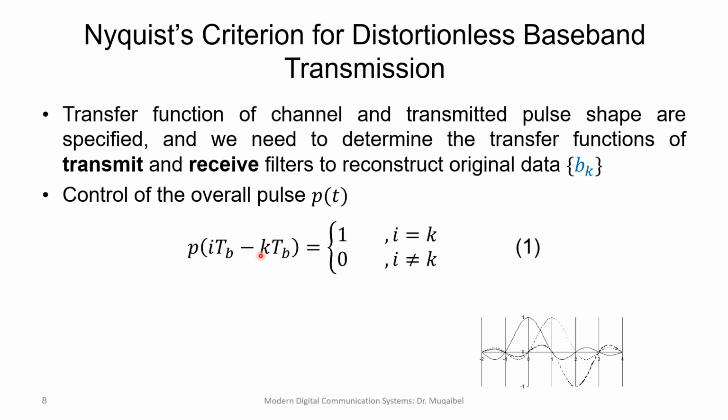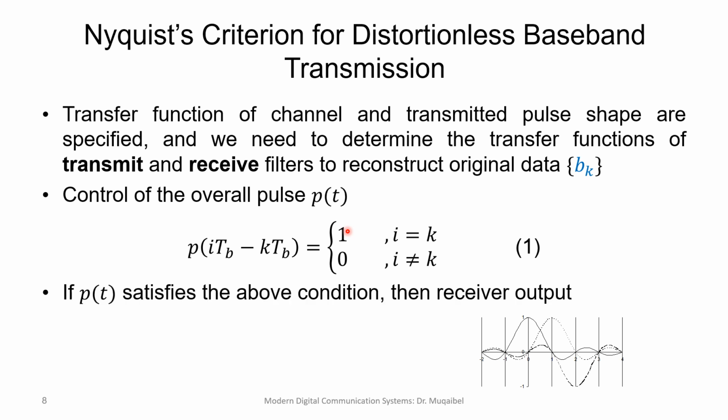It would be great if we make the overlap equal to 0 between all other pulses, and of course 1 if we deal with the pulse itself. This is the condition in time, and if it's satisfied, then the received output would be as required. I'm trying to put a figure here that reflects this. So all these waveforms have 0 ISI because the contribution would be 0 from other pulses.